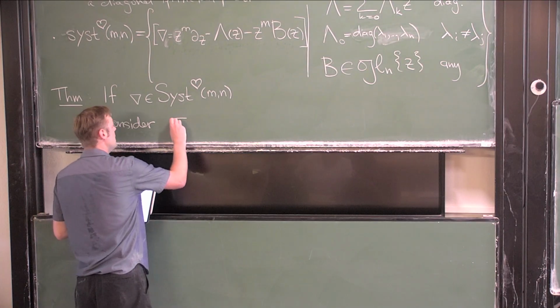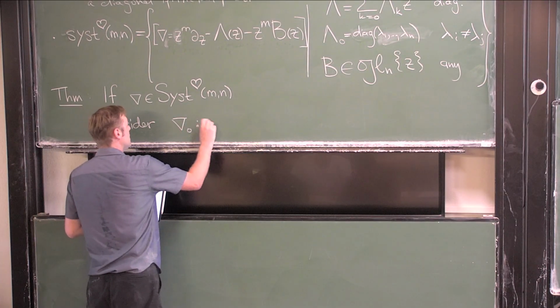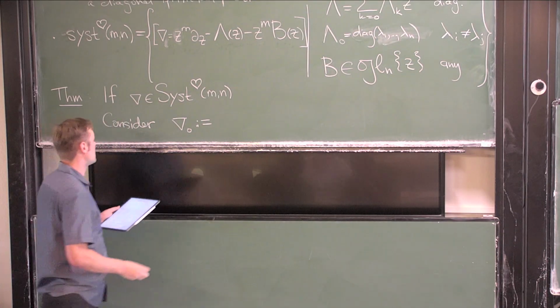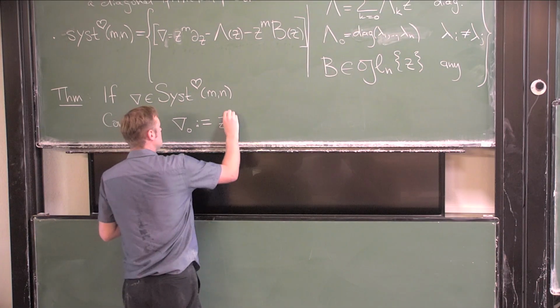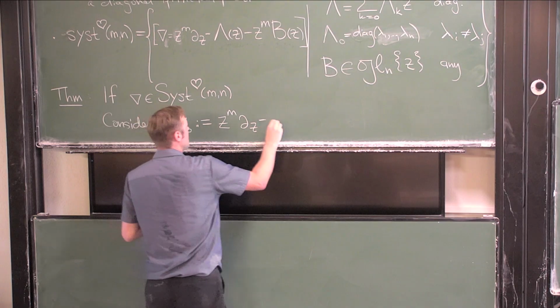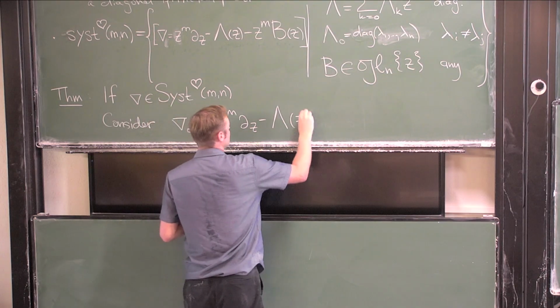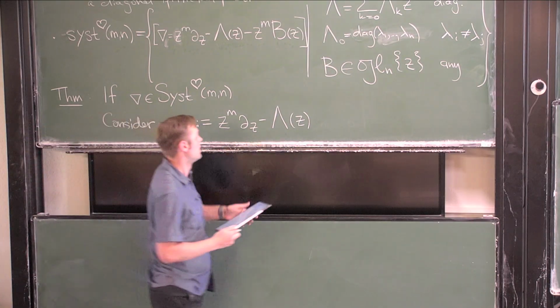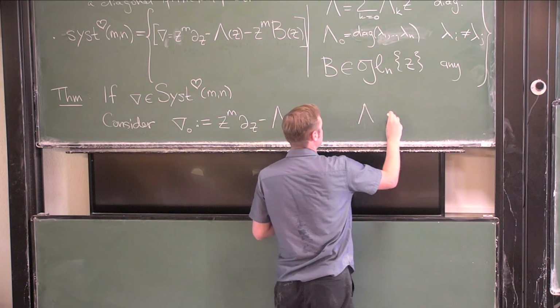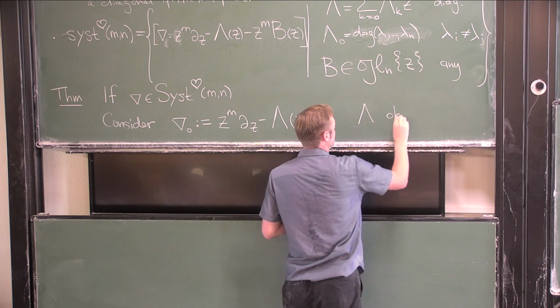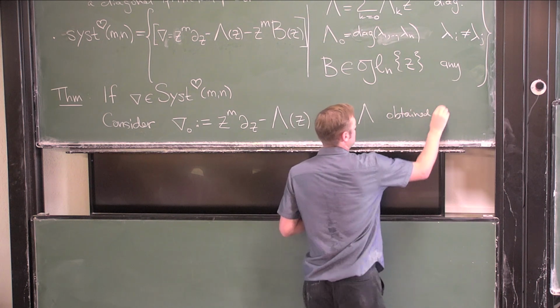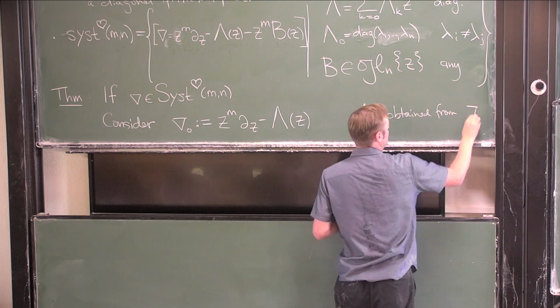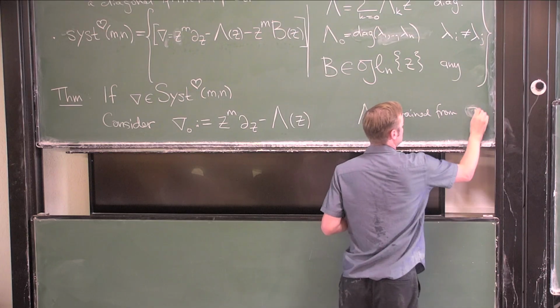So let me think about this related system, z to the m minus lambda of z, with lambda being obtained from nabla using this lemma.